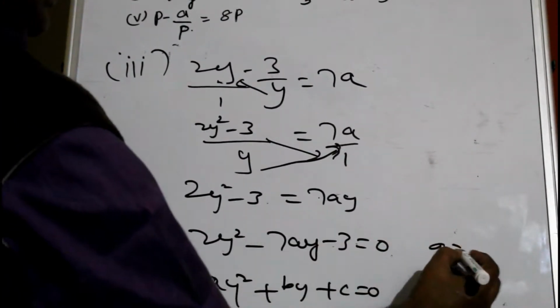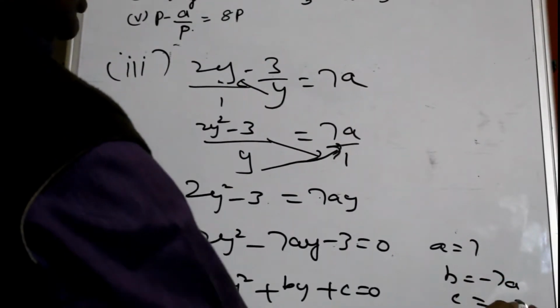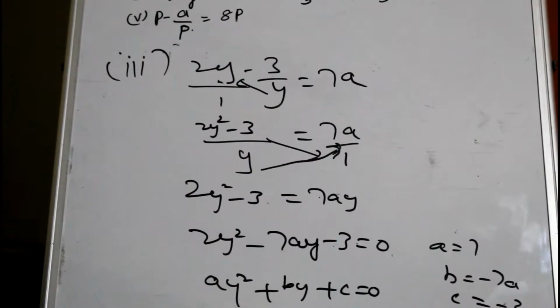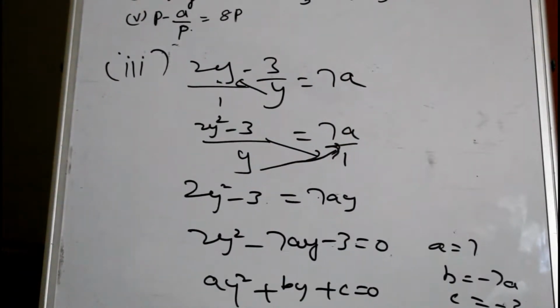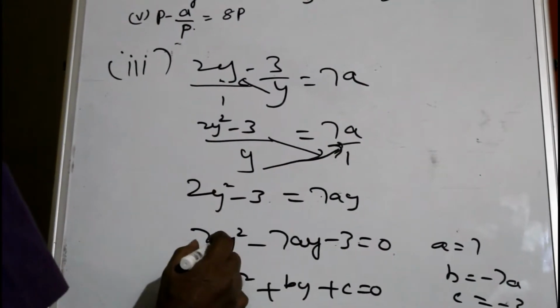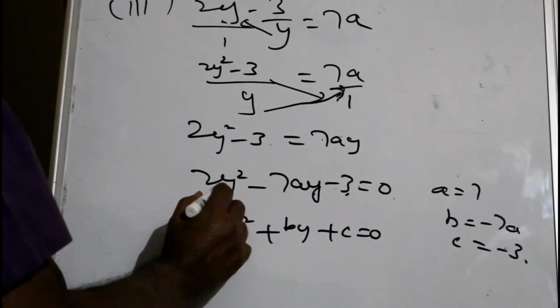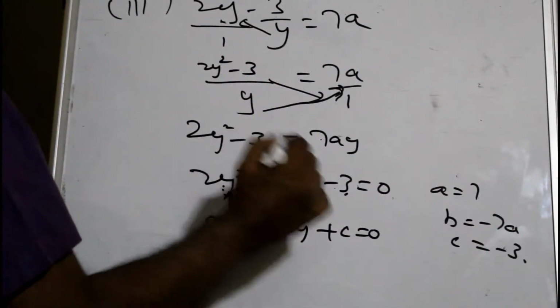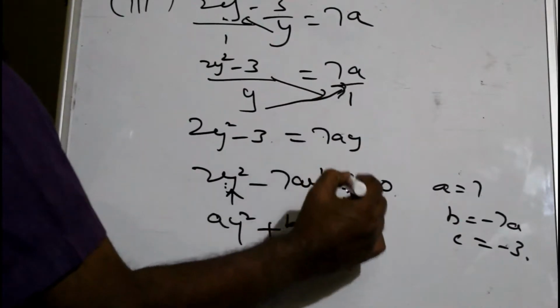Note here, a is 2, b is minus 7a, c is minus 3. So don't get frightened about this 7a. It's another alphabet, but you try to bring it to the form. You get y square, y, and without y. So again I repeat, this is the y square term, this is the y power 1 term, and this is without y, the constant.